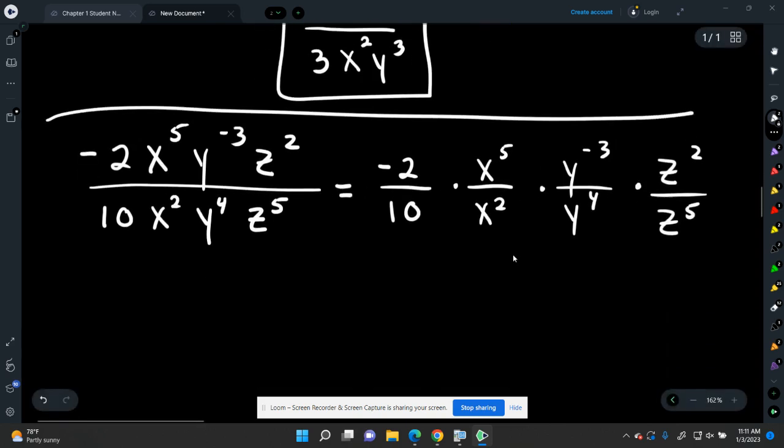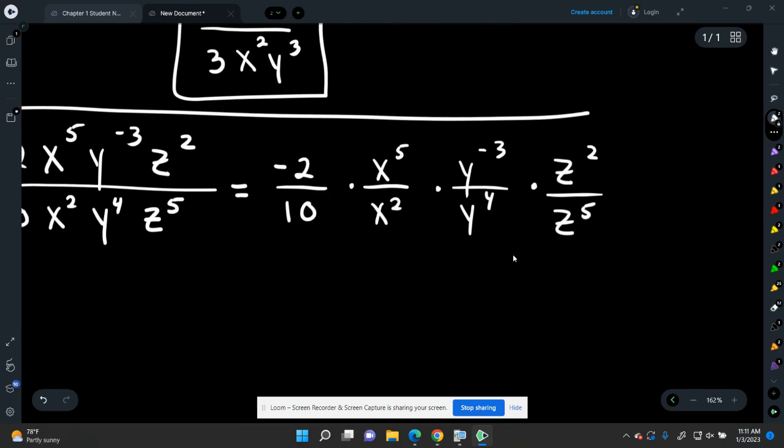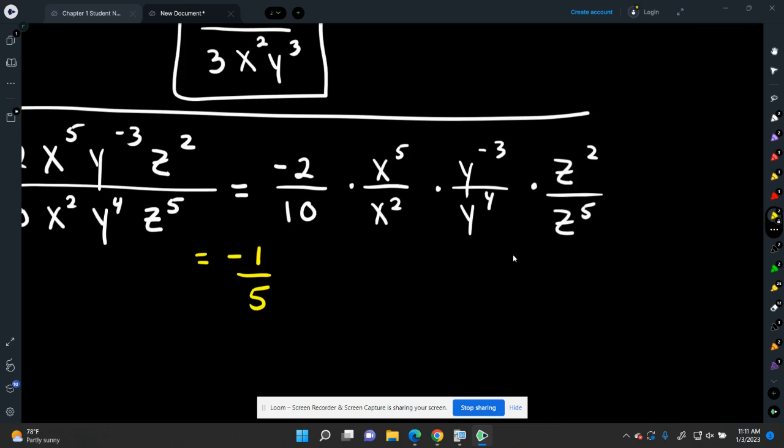Okay. So now we have some work to do. This is going to give me negative 1 over 5. Okay, x to the 5th over x squared. What's that give us?